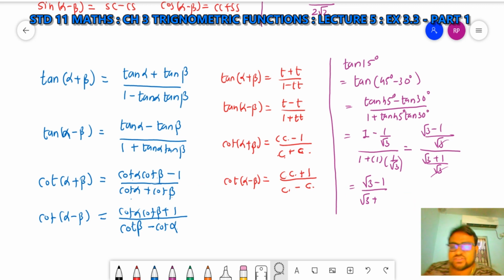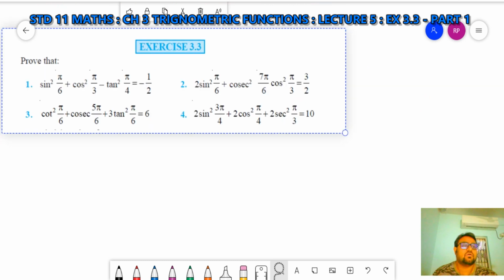Okay, so now let's move to exercise 3.3. Based on these formulas and based on the formulas of basic that we had learned in the previous session, we will be able to solve questions 1 to 7. Okay, so let's start with exercise 3.3.